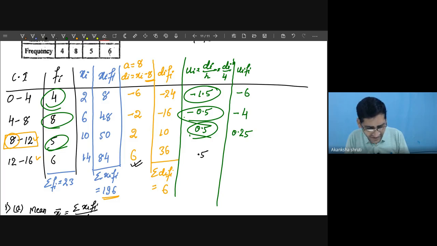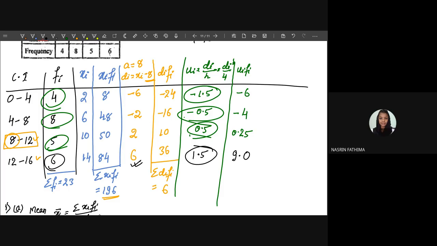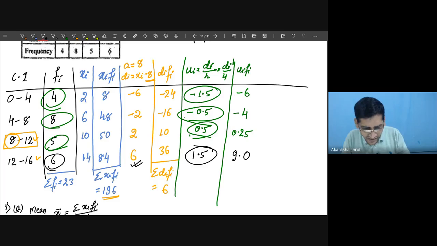Students, it is our 1.5. But this 1.5 has to be multiplied by 6. So it becomes 9.0. You were saying somewhere it should be 2.5. Where should it be 2.5? Sir, it is not 0.25, it's 2.5. Yeah, exactly. So it's this one, 2.5.